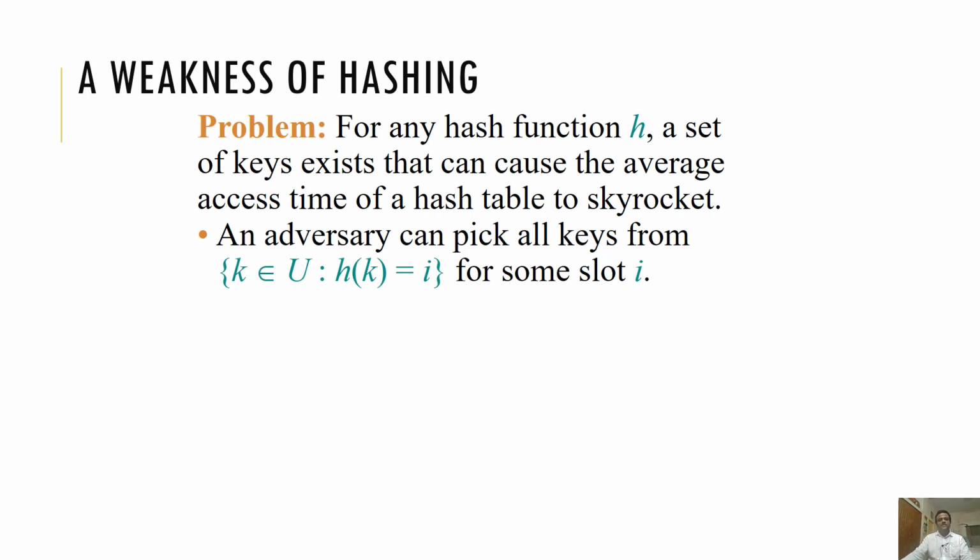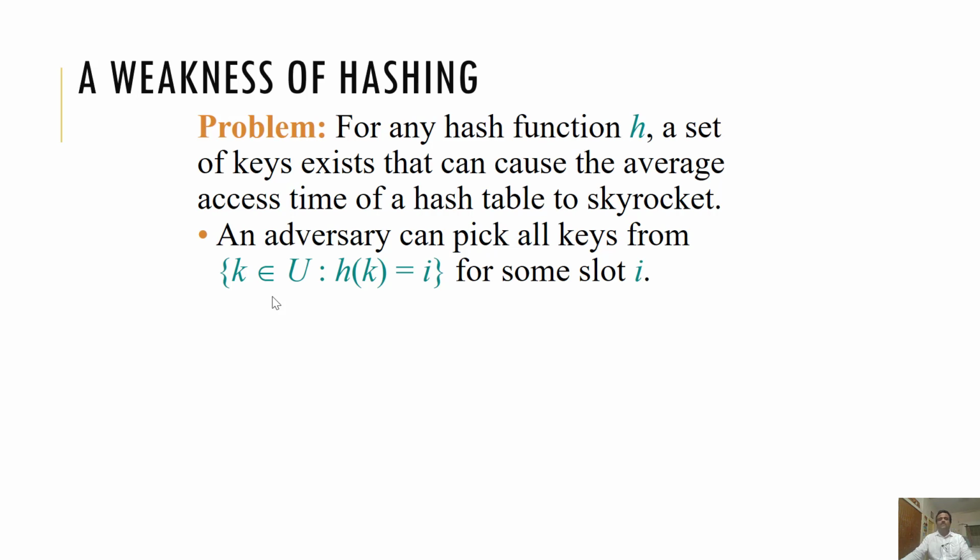So the domain is very big and the codomain is small, so we cannot have a bijective mapping. Given any hash function, if we have time, we can get a set of keys that all collide to a fixed slot j. We can do that by trying all possible keys, and then we can construct such a set. So this is a fundamental weakness of any hash function.